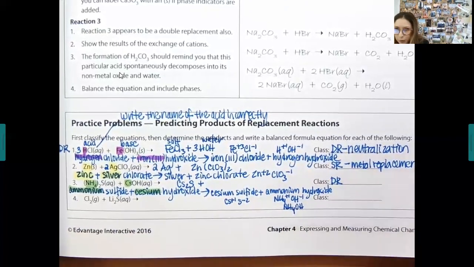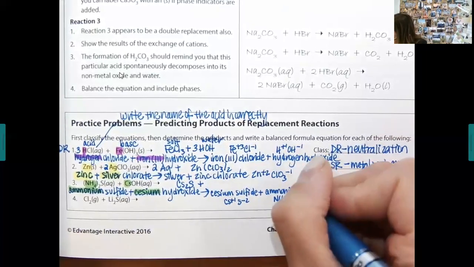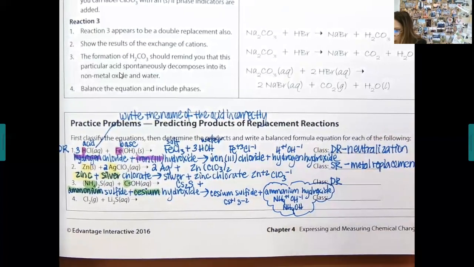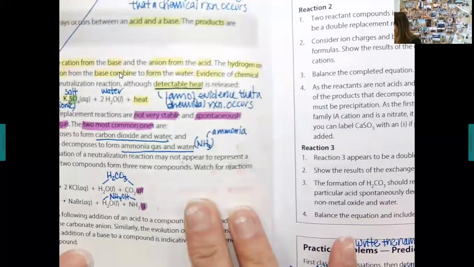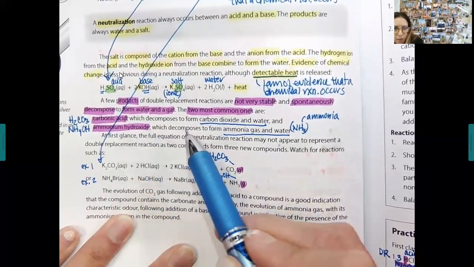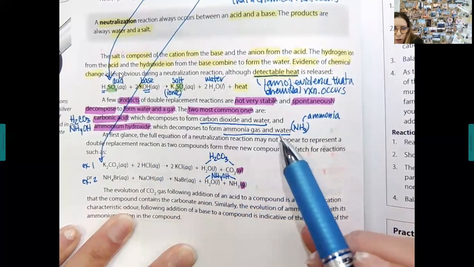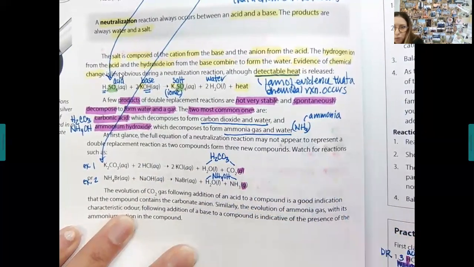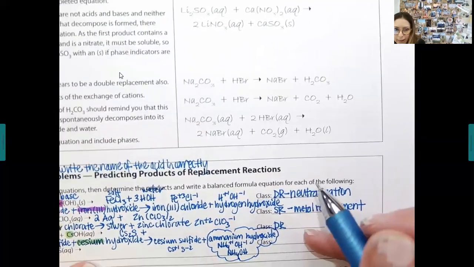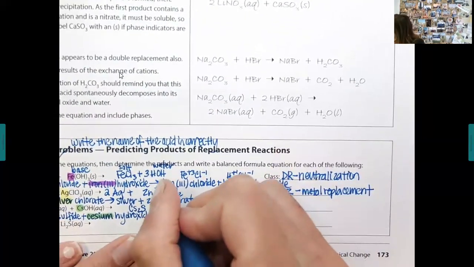Didn't I, on the previous page, just tell you that if you form ammonium hydroxide, that is one of the substances that is unstable and it decomposes to form ammonia gas and water. So if you take a look back here, remember we noted it here. Ammonium hydroxide decomposes to form ammonia gas and water. It's totally unstable. So we can't write NH4OH. We have to write NH3 gas plus H2O.